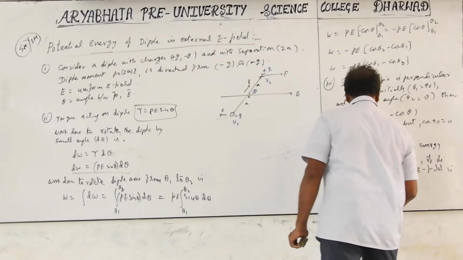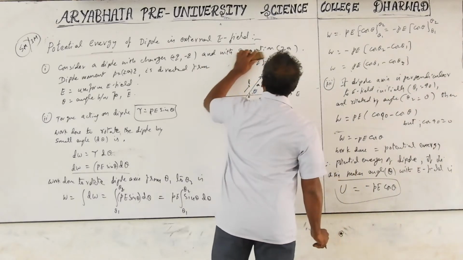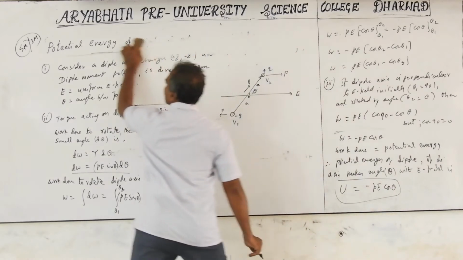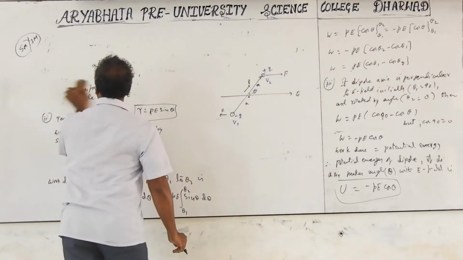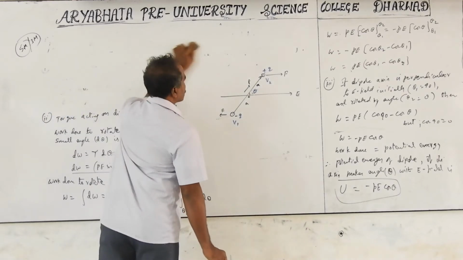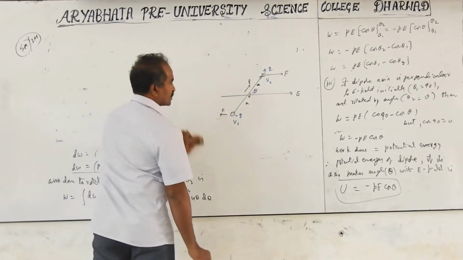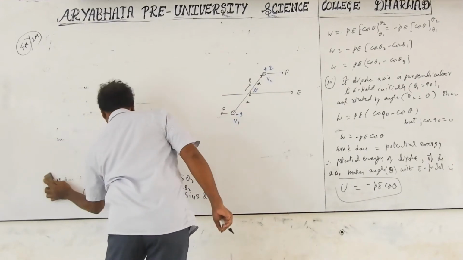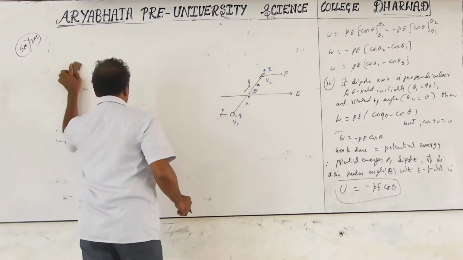Potential energy is a scalar quantity, so you can express this in vector form. Dipole moment is a vector, electric field is also a vector, so we can write this as a dot product. This derivation has more steps compared to other derivations.